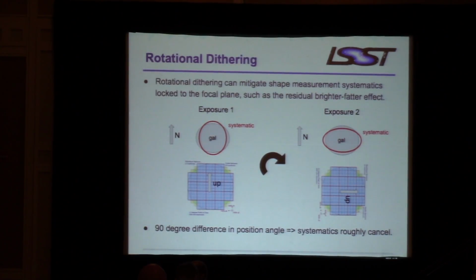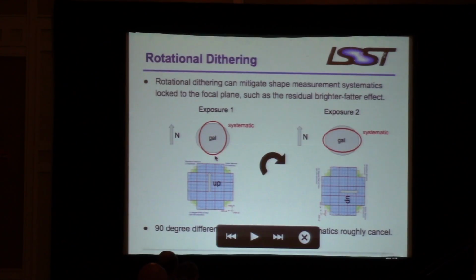So for instance, you can imagine that some systematics in shape measurement could be locked to the focal plane of the camera and introduce systematics that, say, extend the shape of a galaxy in the camera up direction.